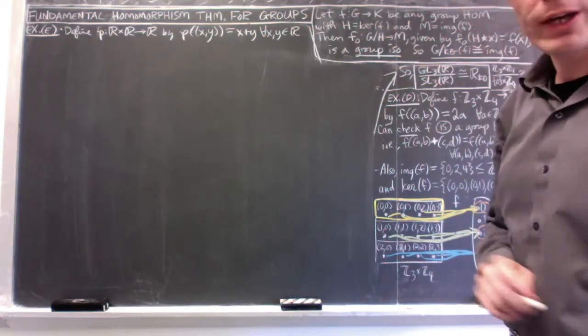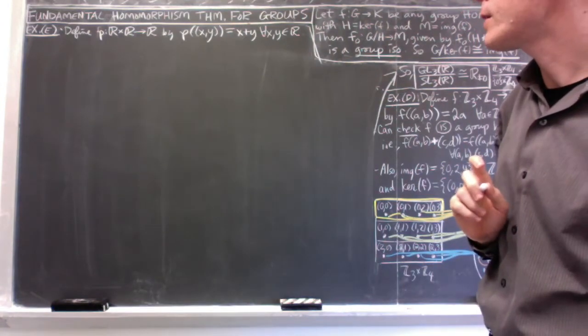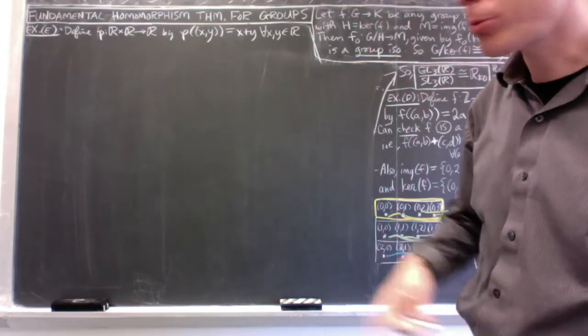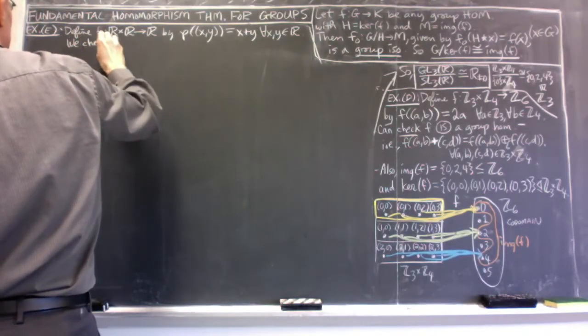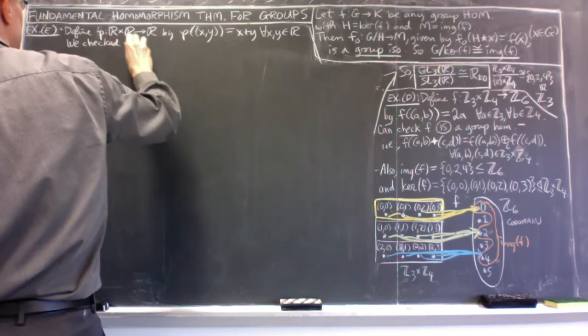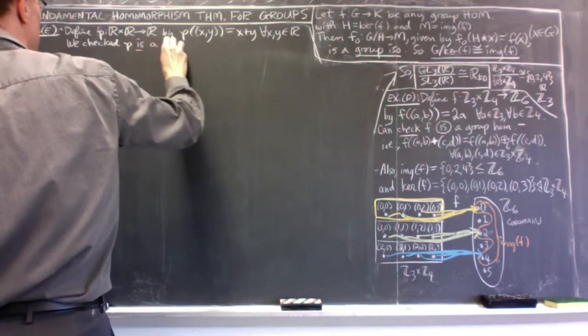And I'm pretty sure we checked in one of the video segments recently that this is a group homomorphism for these additive groups. Go back and review that. It's a group homomorphism.